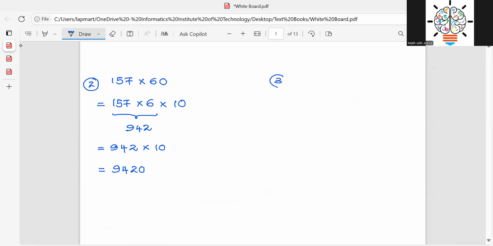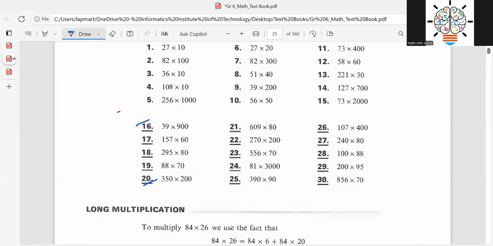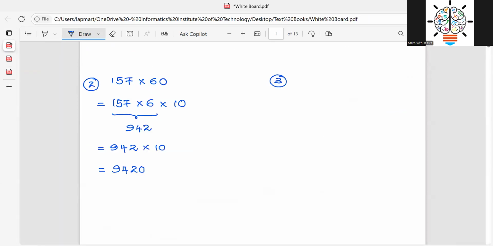Then we'll check the next one. The next one you have 295. 295 you multiply by 80. So then here you write 295 multiplied by 8 and multiplied by 10. So then you multiply these together.